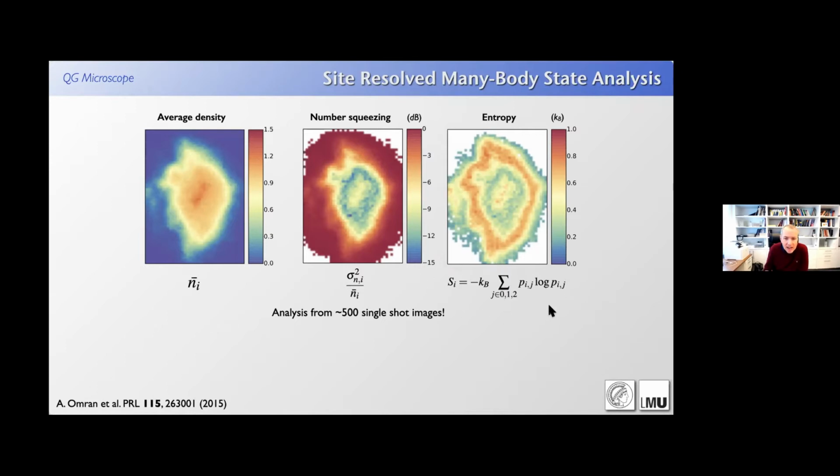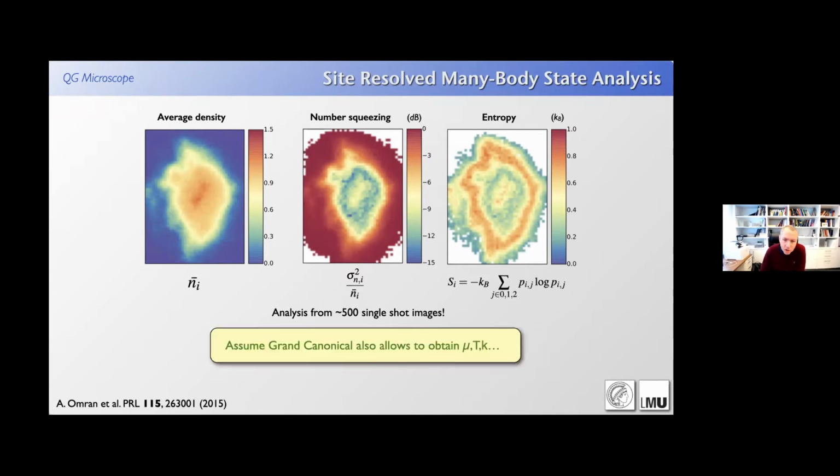And thereby we can calculate how the entropy is distributed in this many-body system in a lattice-site-resolved way. So we can even look at these local regions here and say, okay, this is a region with very low entropy, and the ring outside here, the perimeter of this gas, actually carries most of the entropy. So we can really make use of this statistics to measure how entropy is distributed in this quantum many-body system.